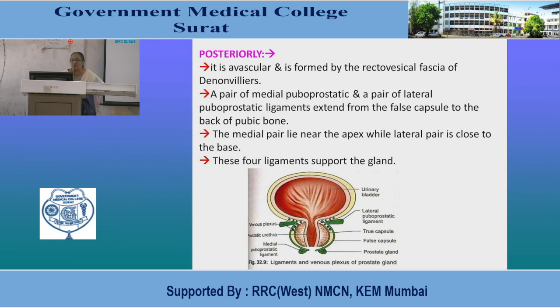The medial pair lies near the apex, and the lateral pair is close to the base. These four ligaments mainly support the gland. So how many ligaments? Two lateral along with the base and two medial along with the apex: puboprostatic ligament, four ligaments.